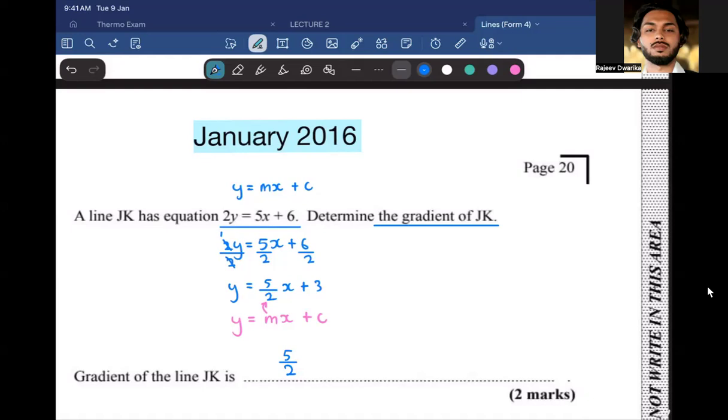Yes, 3. What does C stand for? C stands for the intercept, the y-intercept. Great. So this is the gradient, and this will be the y-intercept.